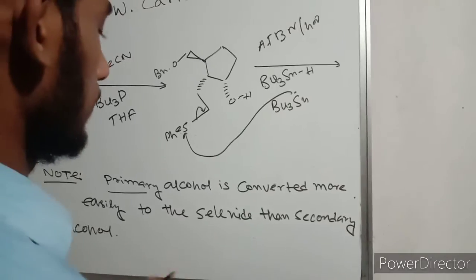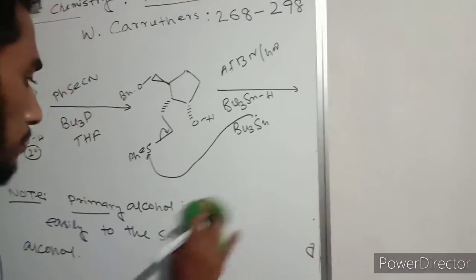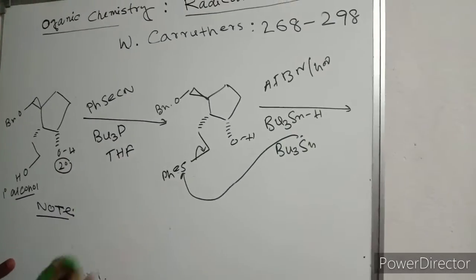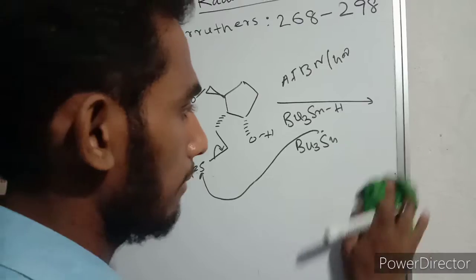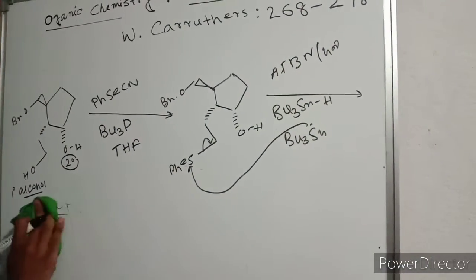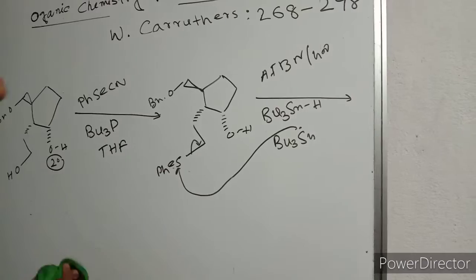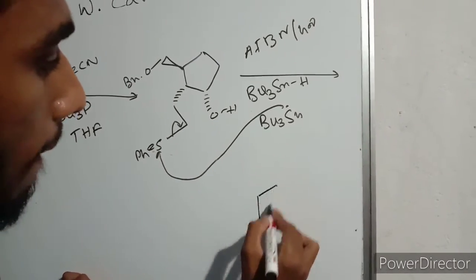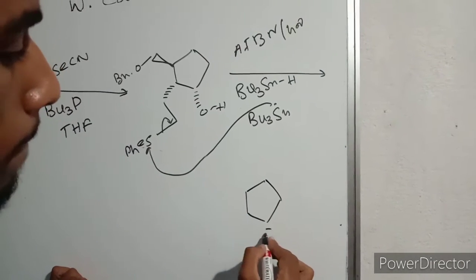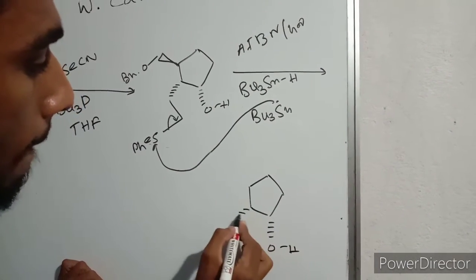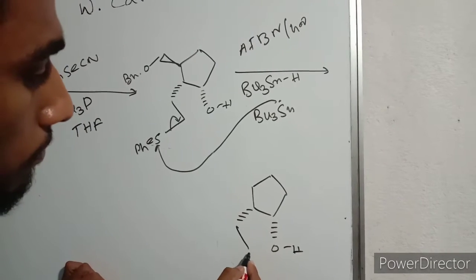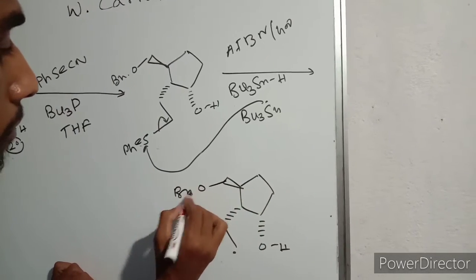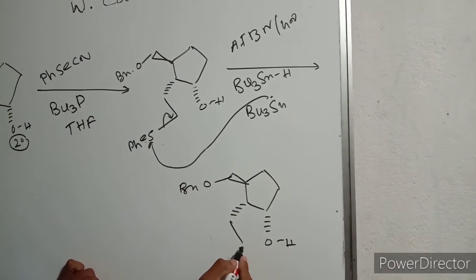Because we know that the tributyl tin radical is capable of abstracting halogen, selenide or other substrates, we get this carbon radical.